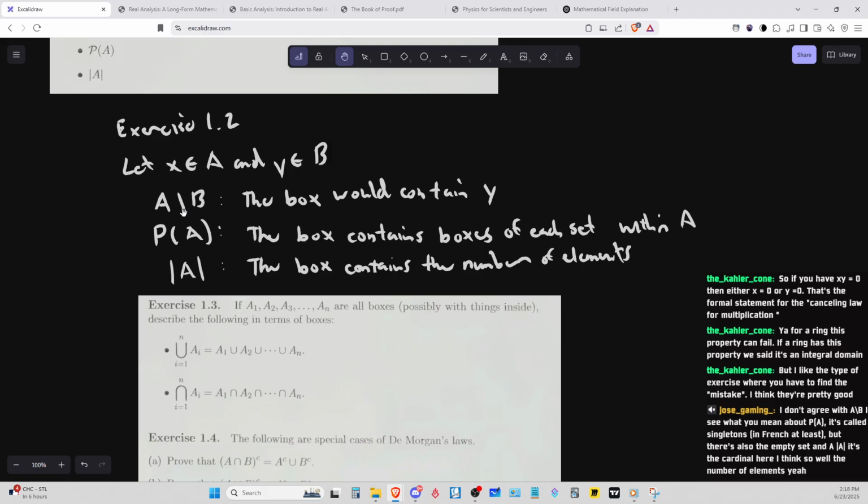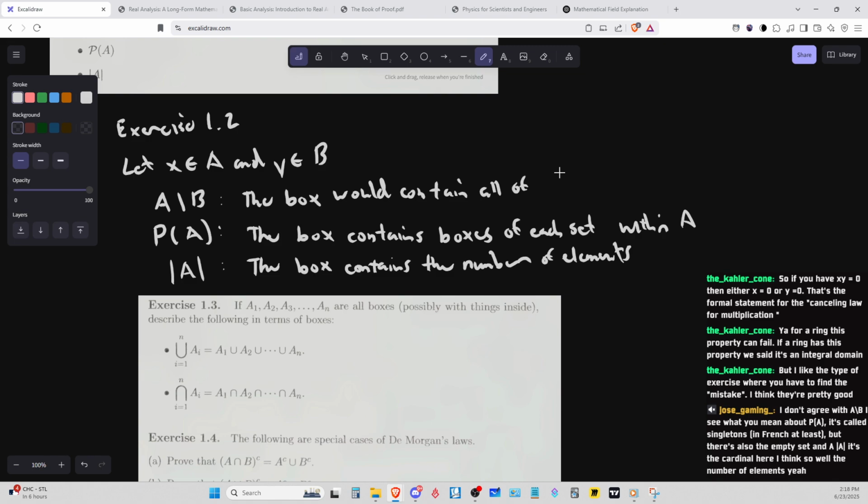Oh, this one, yeah. Maybe I should just rewrite this to make it... Yeah, because you're probably right. It would contain all elements in B but not in A. Yeah, I think that's a better way of writing it, because that's what I was thinking in my head.